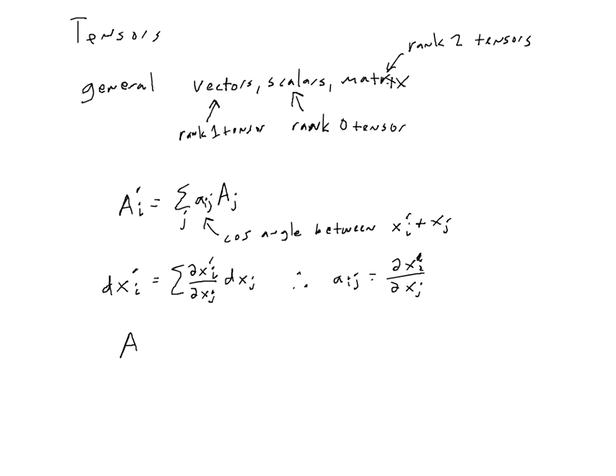So we could say then that a_i prime is equal to the sum over j of the partial of x_i prime with respect to x_j, times a_j. And so what we've done is change from one vector to the other vector. We know this rule applies for our vectors, and we know we've done this with linear algebra.